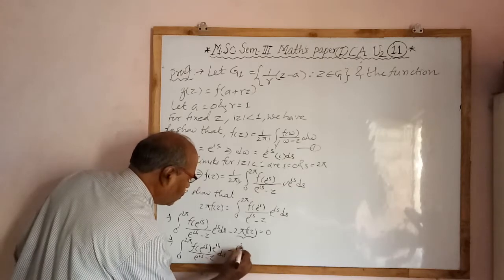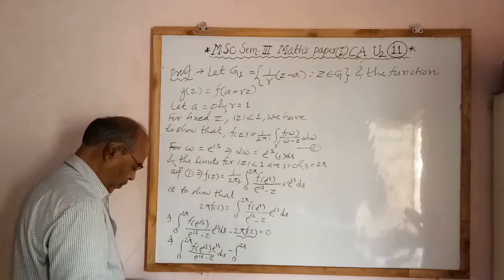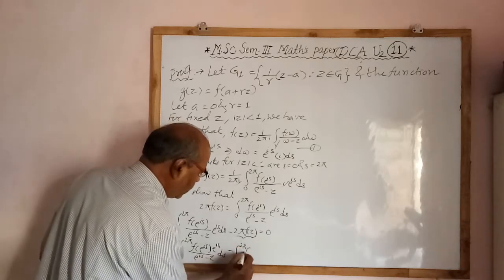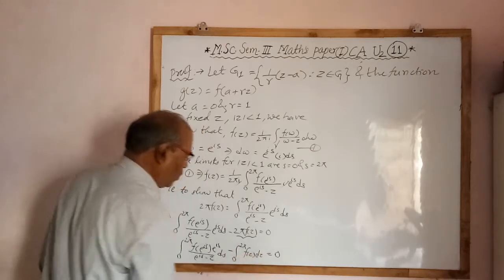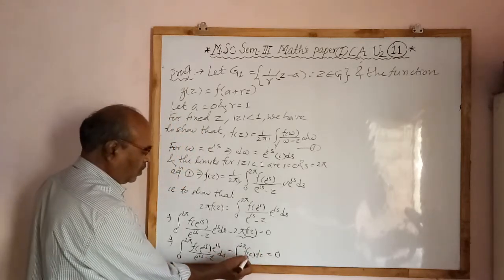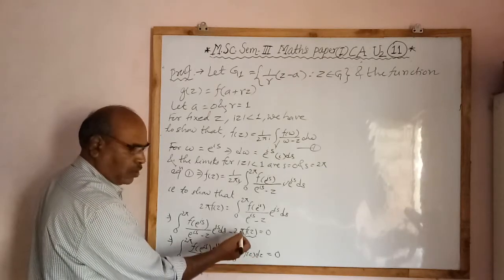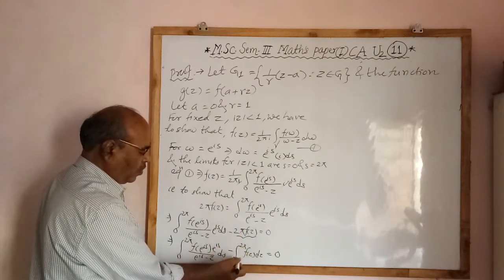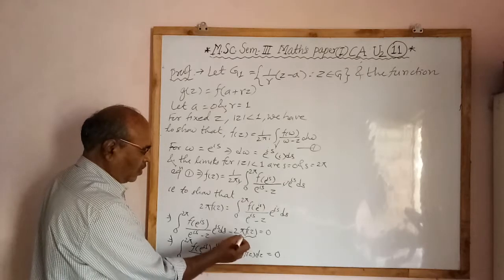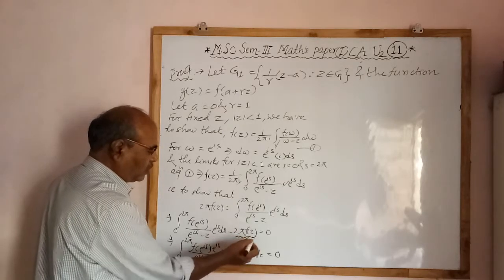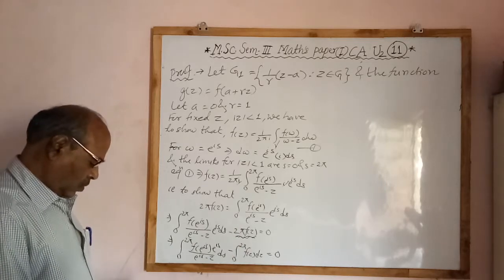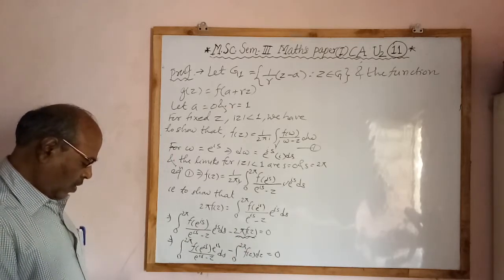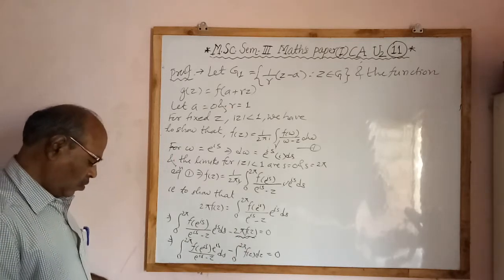minus integration 0 to twice pi of f of z dz equal to 0. That is why integration of dz gives z, and if we put the limits, upper limit twice pi, lower limit 0, twice pi minus 0, we get the previous term twice pi f of z. Now we combine, taking the common ds and integration from 0 to twice pi.